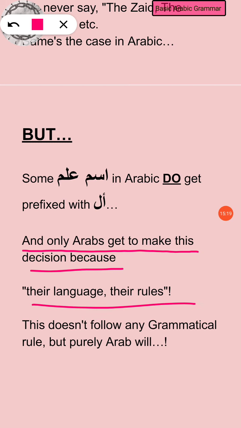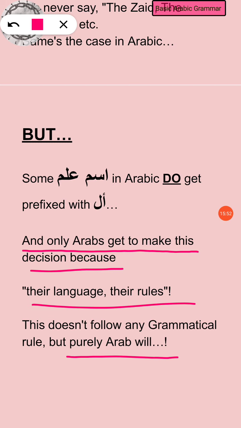There is no grammatical importance or significance to it, or any specific grammatical rule that this thing gets followed, but it's simply whatever the Arabs said. Well, not all the Arabs, it's the linguists, the people who devise the language, who we call the Ahle Zaban in Urdu.